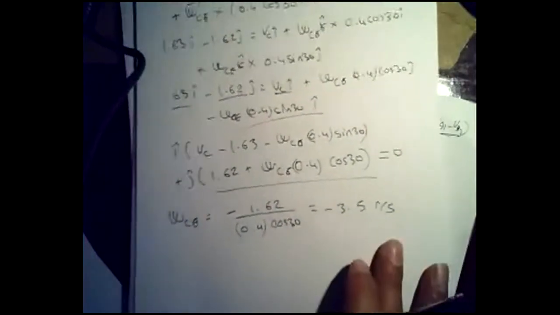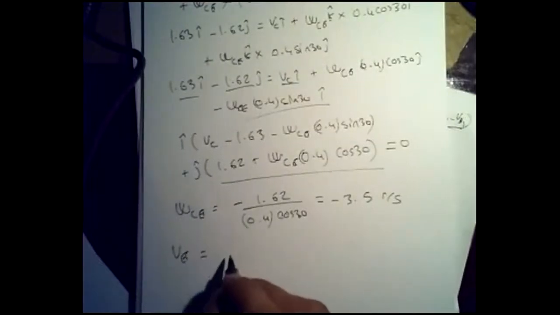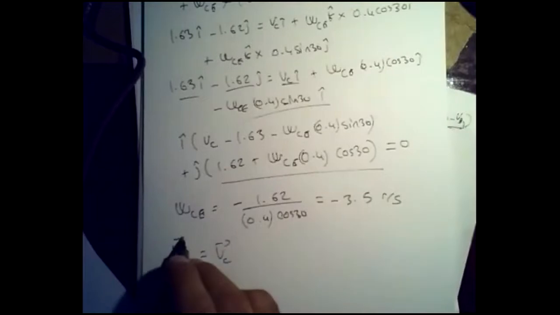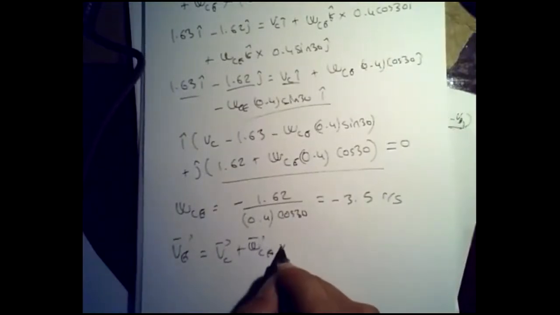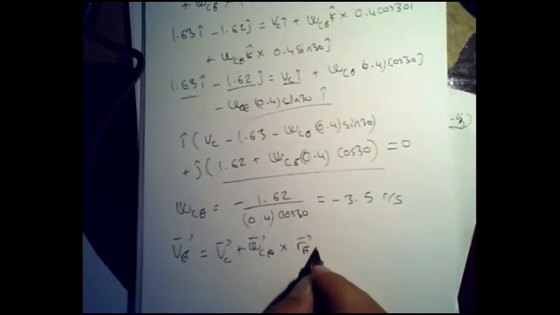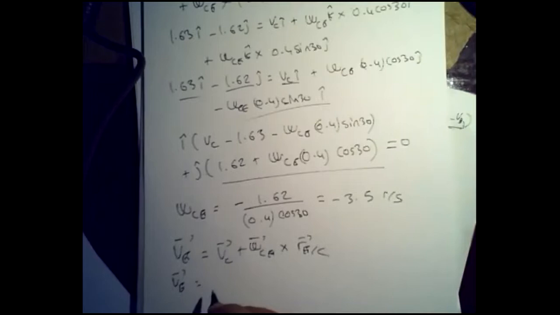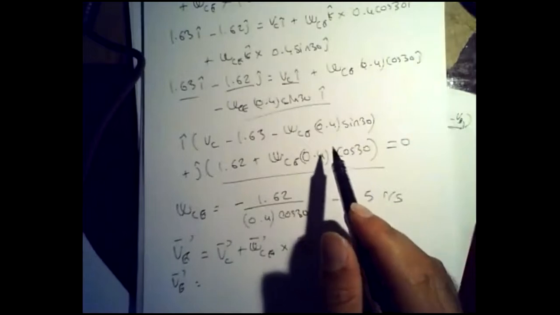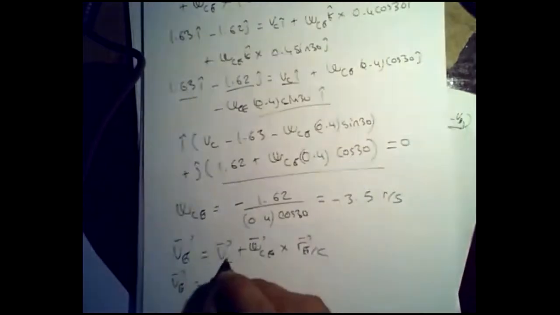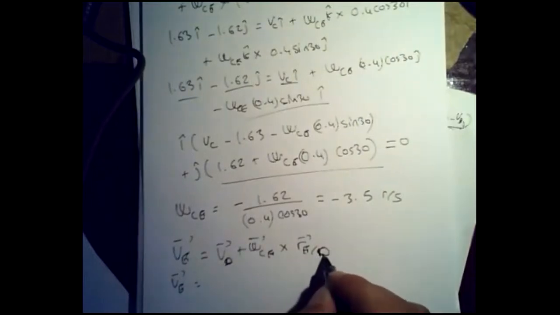Now, if I want to find the velocity of point E, I'll simply say VE is equal to VC plus omega CE cross RE as viewed from C. So VE is equal to, do we actually know VC or no? We can solve it. Exactly, we can solve it, or we can use VD. How about we use VD, because we know VD, right? Yes.